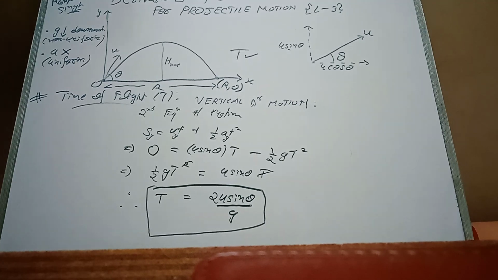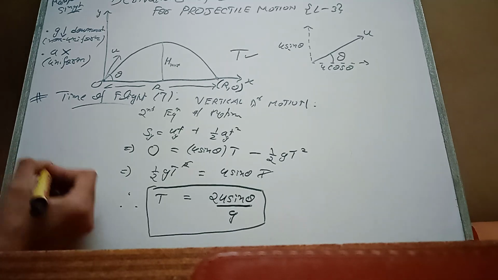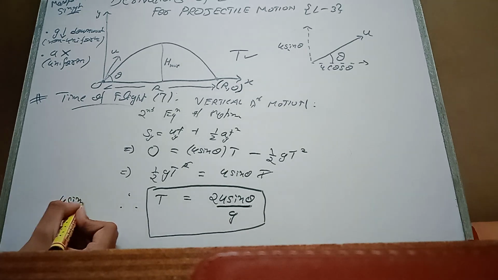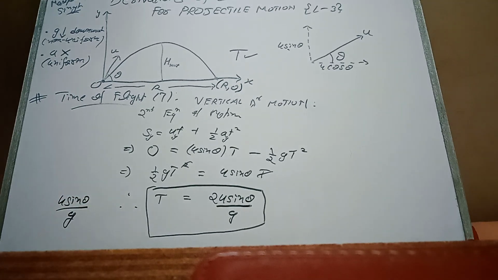Now there can also be another way of solving this question, by the first equation of motion. You can find the total time by the first equation of motion also, but what happens there is that the time that comes out is u sin theta upon g. Why u sin theta upon g?